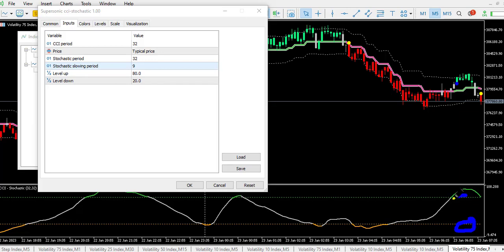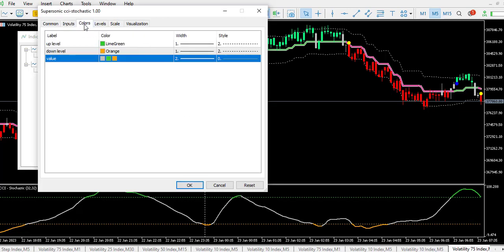And once you set everything up, you can check the color also. If you want to change the color, you can change it here. This is where you have the orange. If you want to change to red, you are free to do that. And this is green. If you want to change it, you can do that also. And in between here is the gray color. So if you want to change anything, feel free.